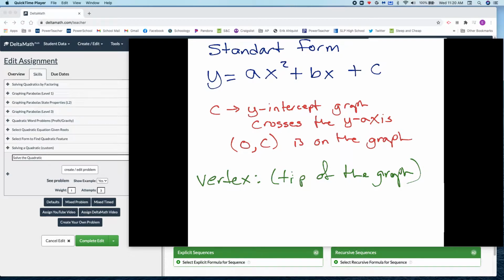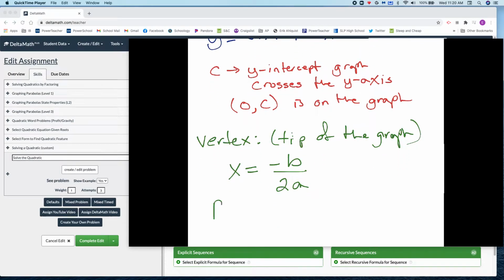The vertex is found by x is equal to the opposite of b divided by 2a. Once you get this value, put this into the equation to find the y value.